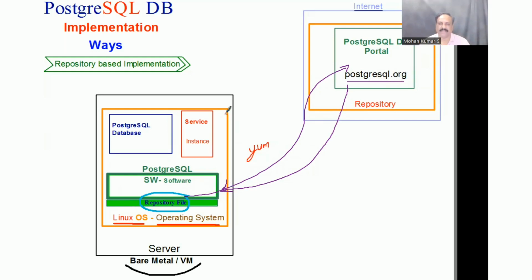But the limitation is that your server, whether a bare metal server or a virtual machine, must have a connection to the internet, because it has to connect to the central repository. In some cases, we can't go for internet. Then we will not be able to go for repository-based implementation. Repository-based is the preferred one, but the limitation is that the server should be exposed to the internet. Many organizations don't want to expose their servers to the internet, so then we'll not be able to go for repository-based.